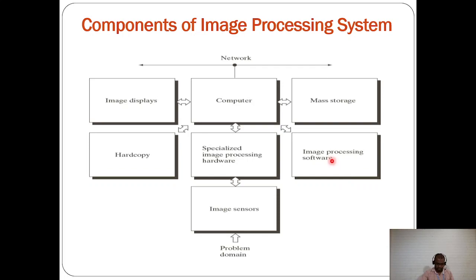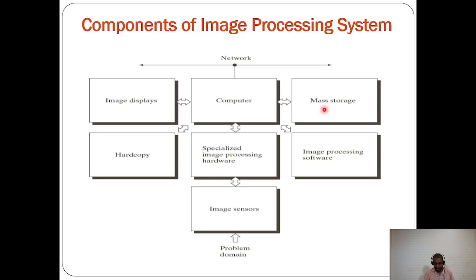The next one is mass storage. Mass storage is for storing your data after completing manipulation of your image. For that purpose we can use the hard disk. In mass storage we have short-term storage, online storage, and archive storage. Short-term storage holds rapidly used images.